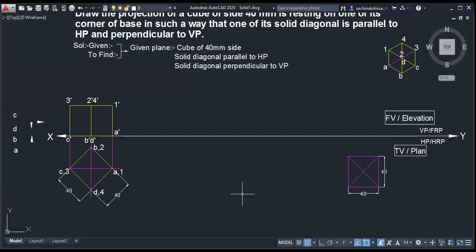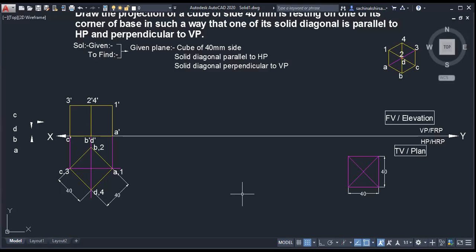It is as simple as this. Okay. Now, what is our condition? First condition. So which solid diagonal will we take first? How many solid diagonals are there for this object?